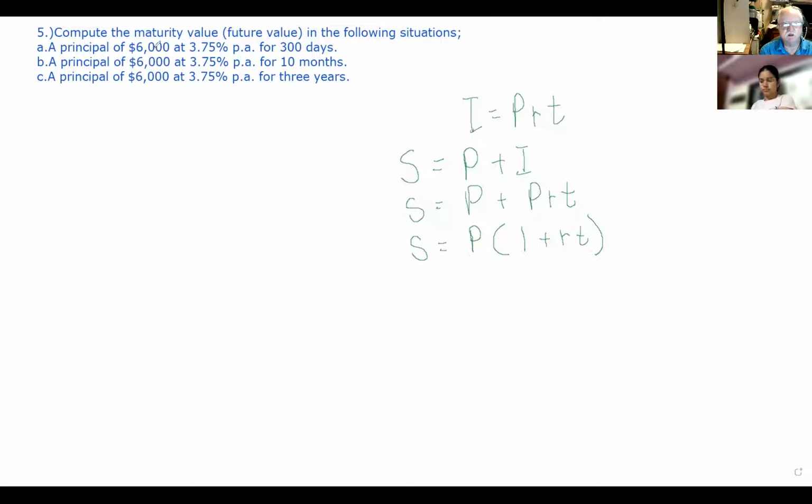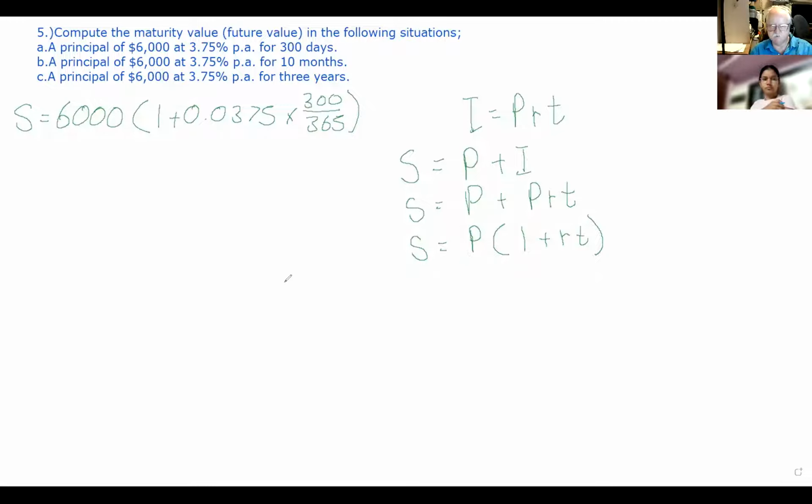A principal of 6,000 at 3.75% for 300 days. So S equals the principal 6,000 times 1 plus R, which is 0.0375 times 300 over 365. And you have to make sure that you're following BEDMAS when you do this calculation.